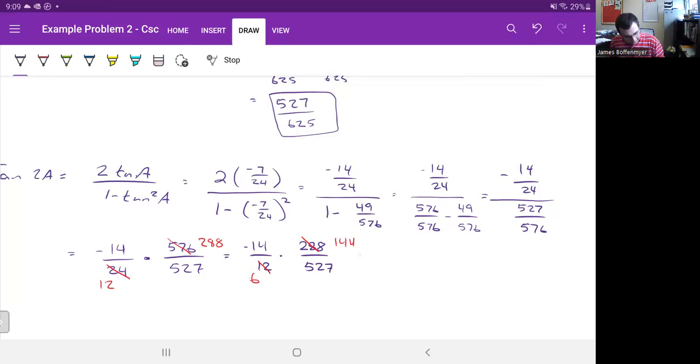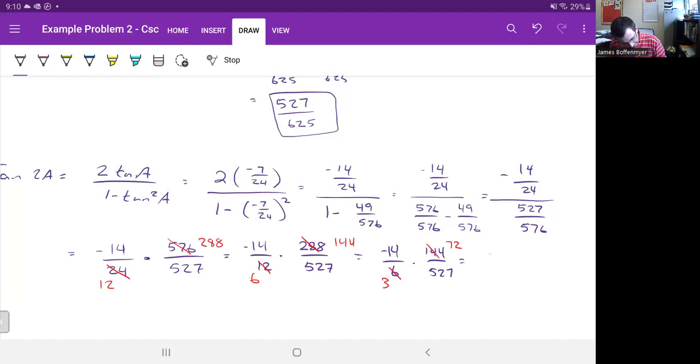See where I'm going with this? You could divide it by larger numbers. Yet again, same process. They're still even numbers. So 144 divided by 2 is 72. 6 divided by 2 gets us 3.